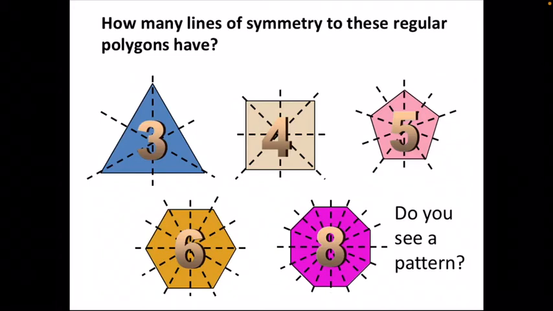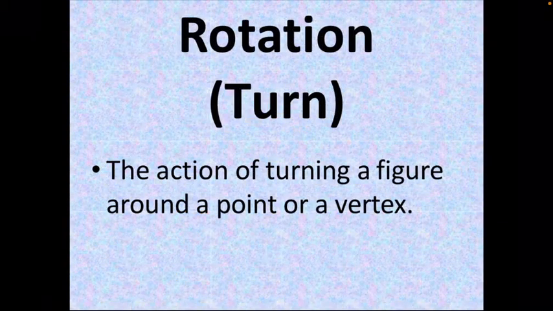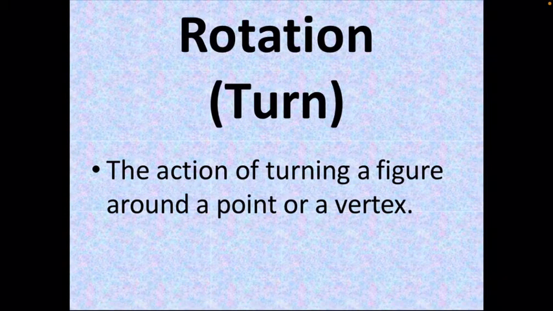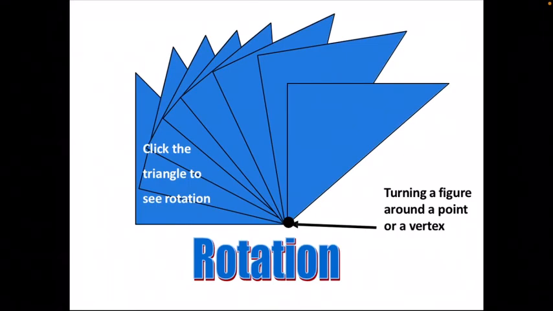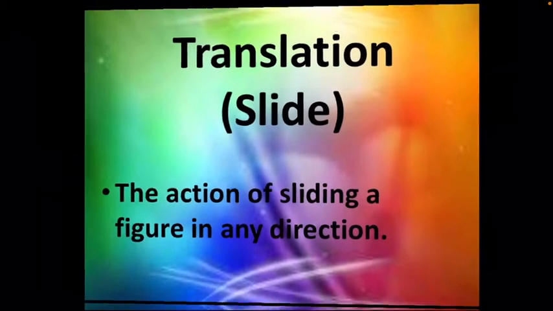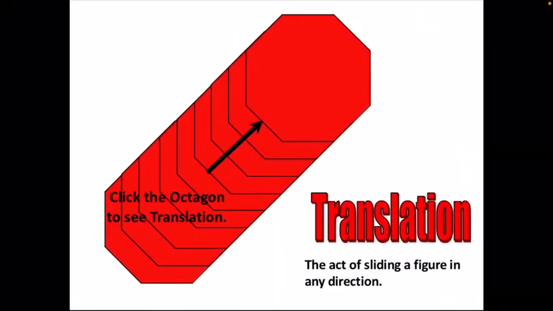Now, this is rotation, making a turn of a figure around a point or a vertex. Then the next one is rotation. If you click onto it, you will see it rotate according to your order of symmetry. Next one is translational symmetry.